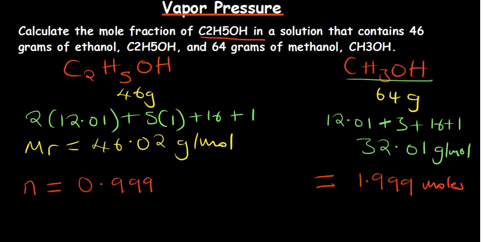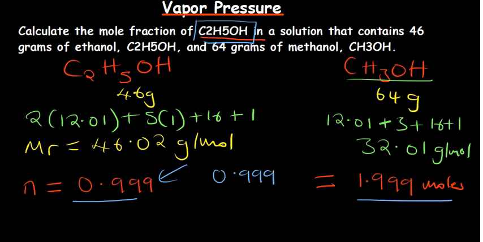So that's just like a 1, and on the other side it's like a 2. So how do we get the mole fraction? We're interested in the mole fraction of ethanol. The number of moles of ethanol has been determined to be 0.99, and then we divide by the total number of moles, which is the addition of the 0.99 plus the other side. So perform that calculation.